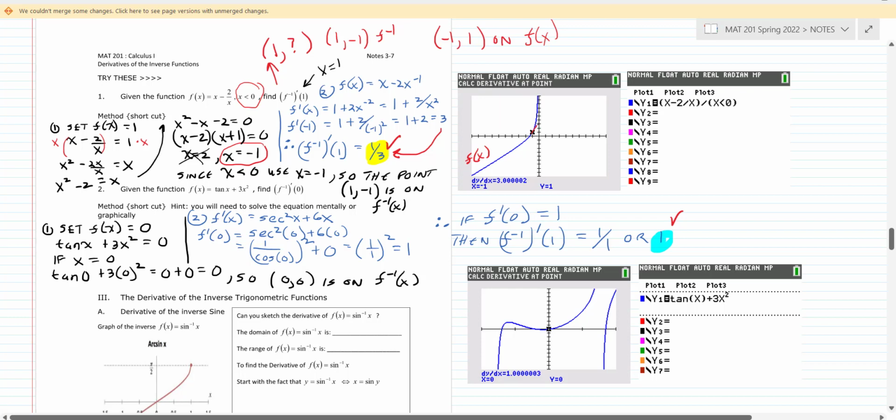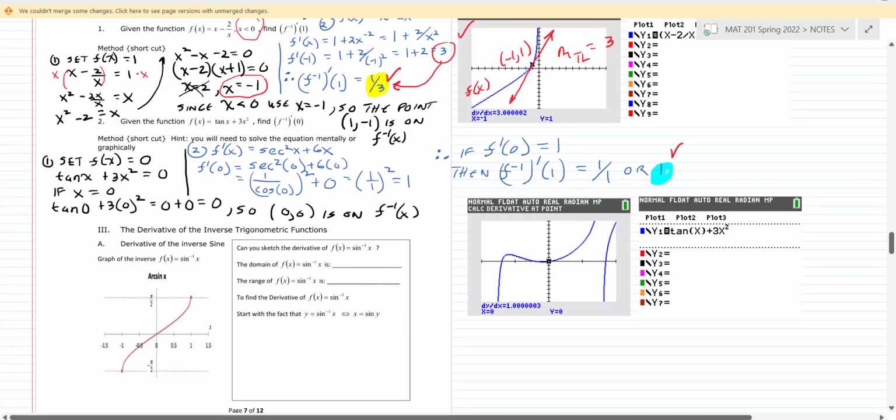So it turns out that the slope of this tangent line at the point negative 1, 1 on the function is equal to 3, like we got here. So that means that if there was a way for us to get that inverse, then we would have the point 1, negative 1 on the inverse, and its tangent line slope would be 1/3.